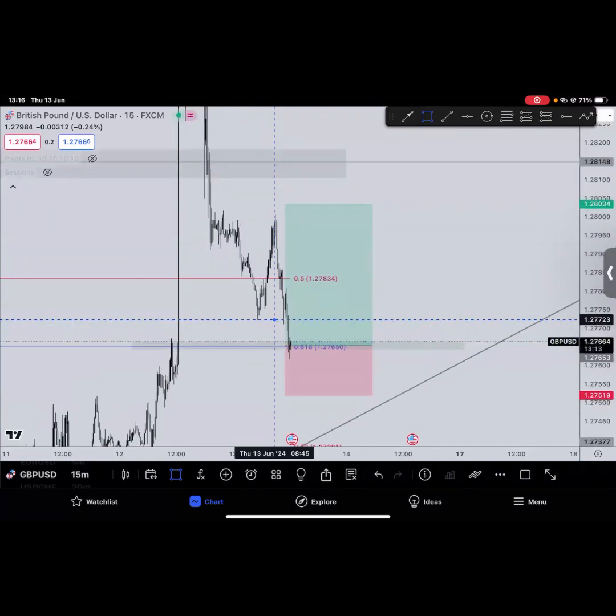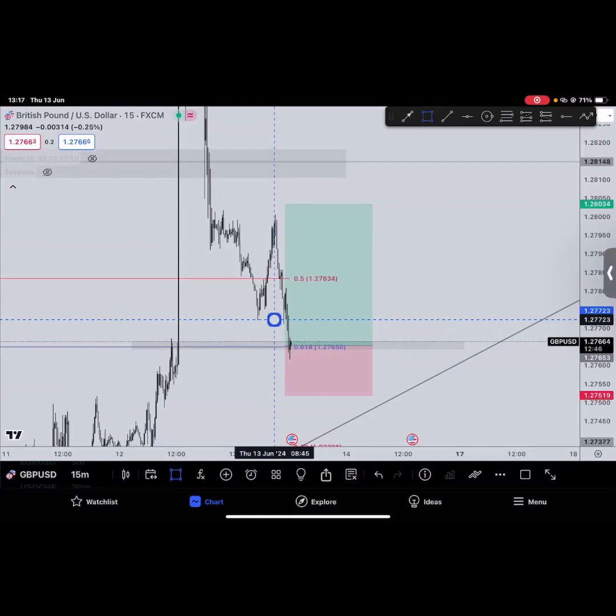You understand? But if you want to risk this trade now, it's quite risky. But I know that it's still kind of a buy. The news might push it up.